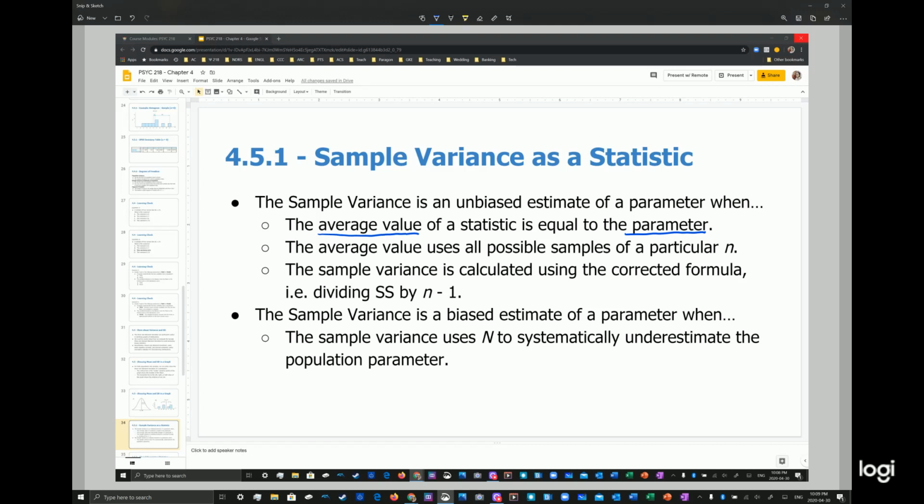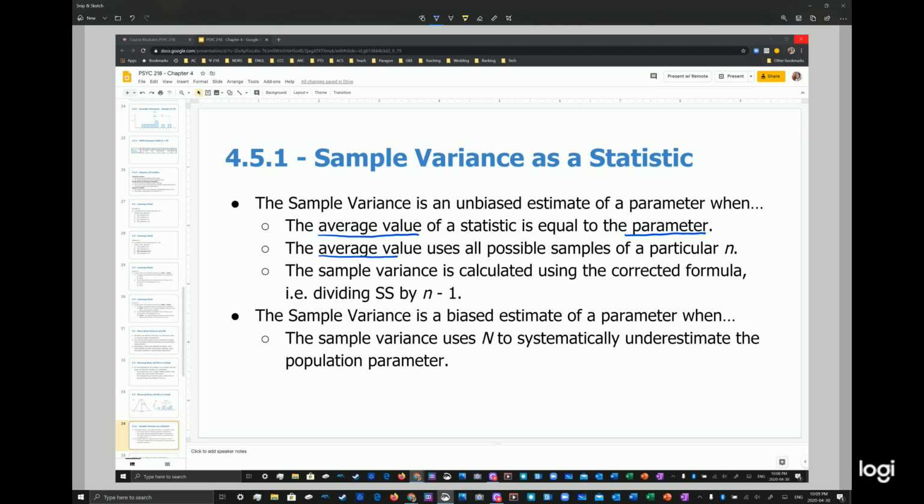In this case, you would happen to grab a sample that has a sample mean that is the same as the population mean. And it is possible to do this. And we want to do this, especially if we want to start making unbiased estimates of the population.